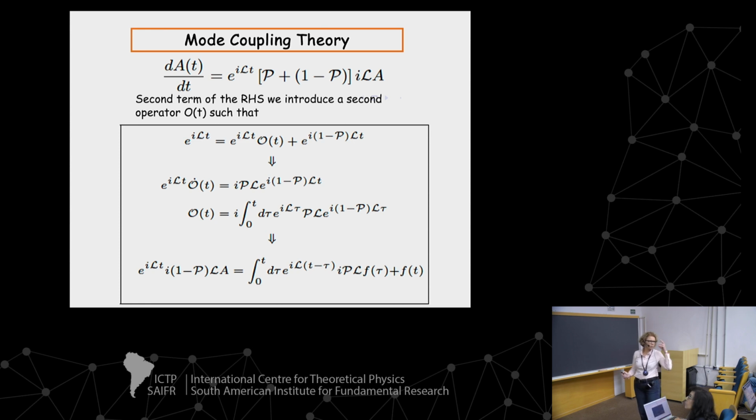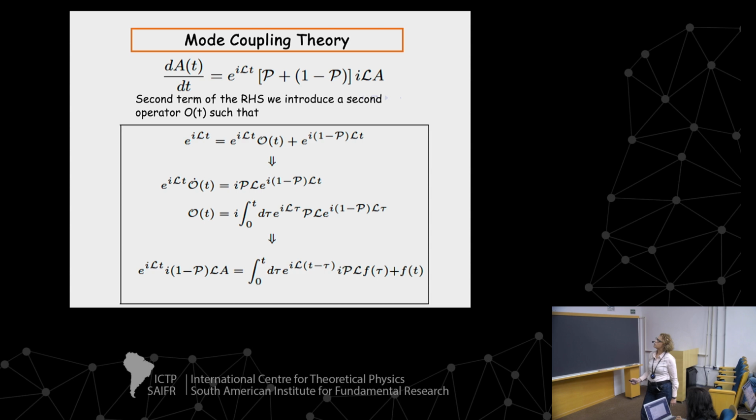So sometimes when you invent it, you design it backwards, okay? So you introduce this operator O of t that has this relation to e to the iLt, and if you calculate e to the iLt O dot, you see that it is equal to this part.